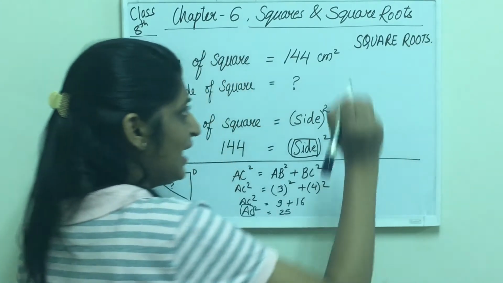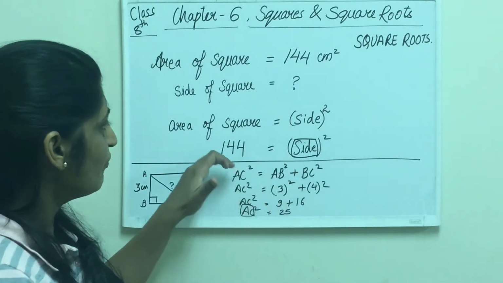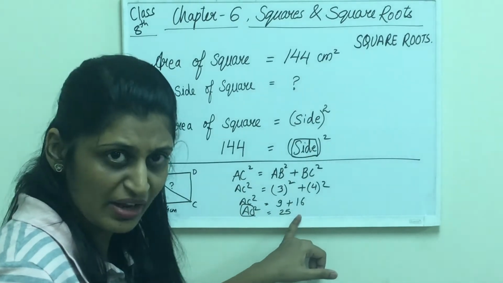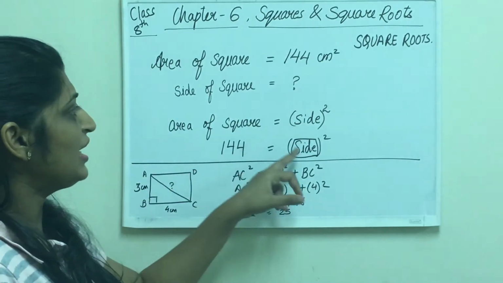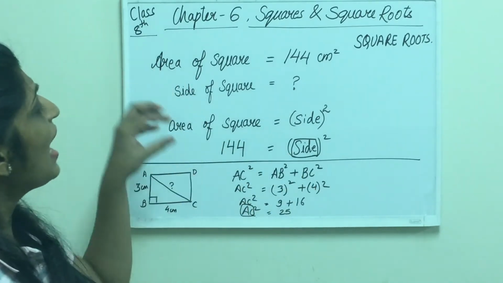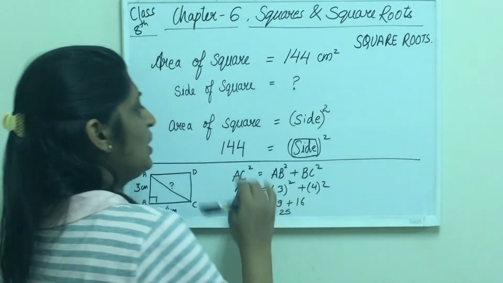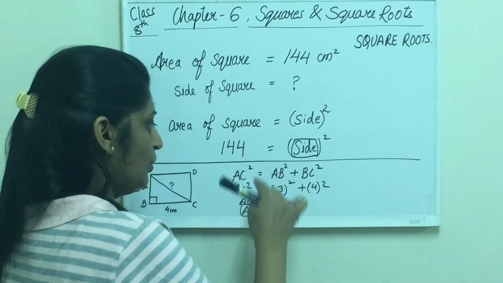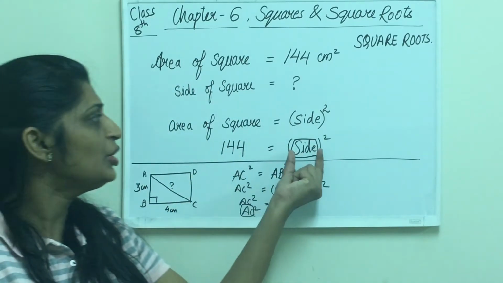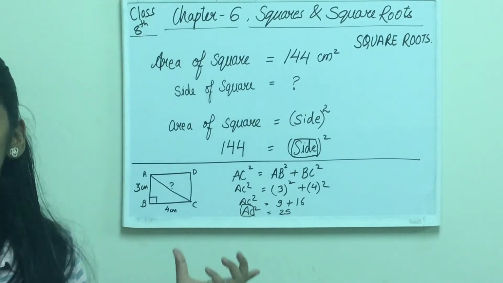In both cases, either 144 equals side square or AC square equals 25, where I need to find the side and AC. I will take the square root of 144 or the square root of 25 to find the value of the side and AC respectively.